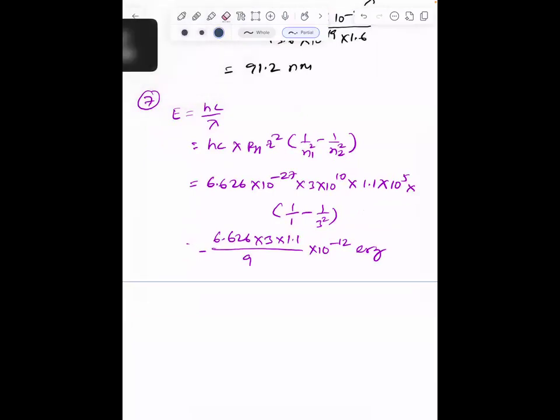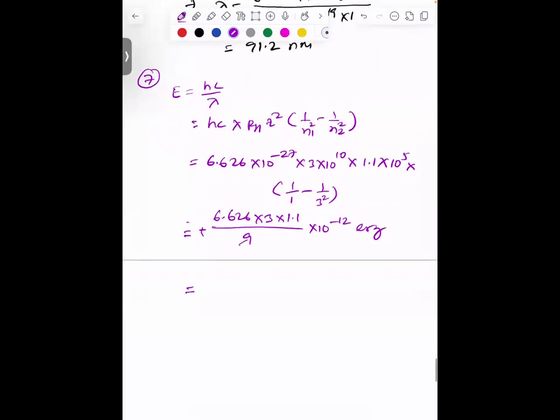So this is approximately 2.2. So you can say 2.2 into 1.1, that is 2.42 into 10 to the power minus 12.